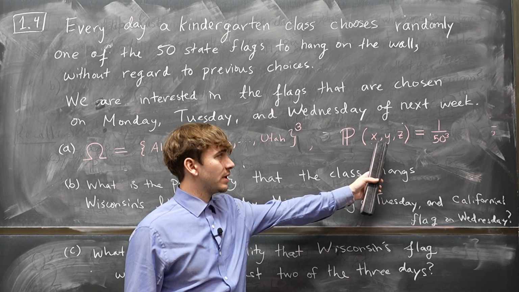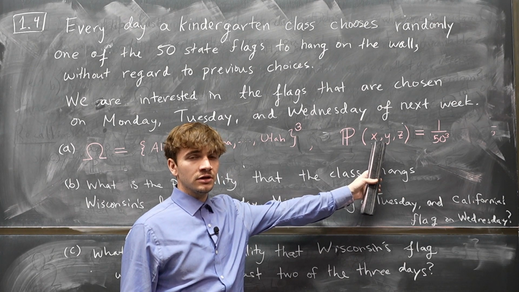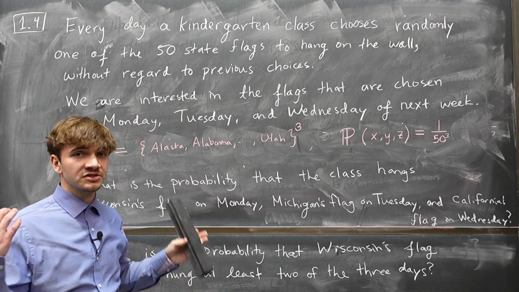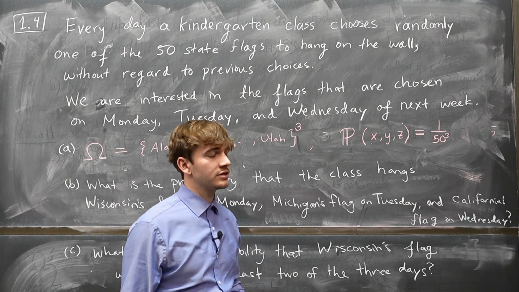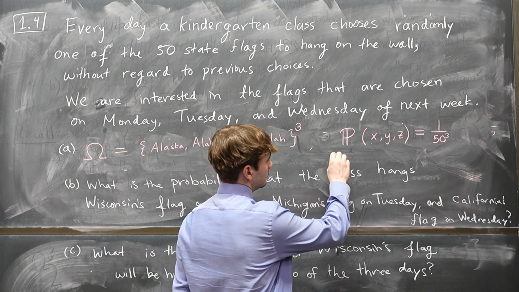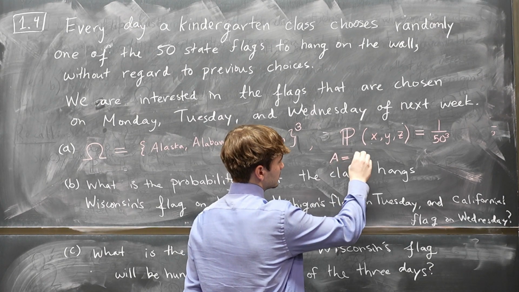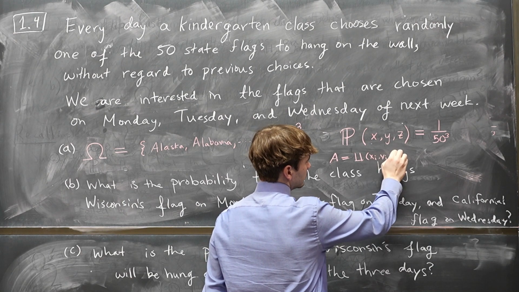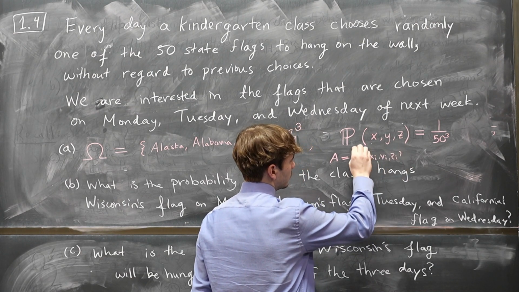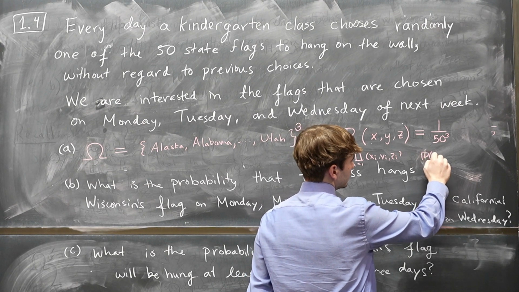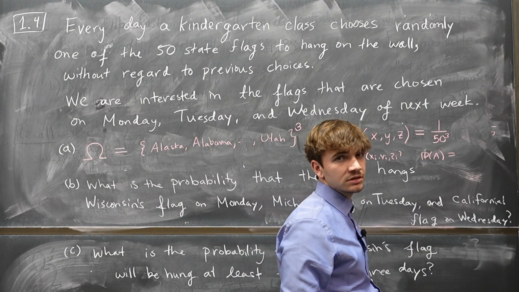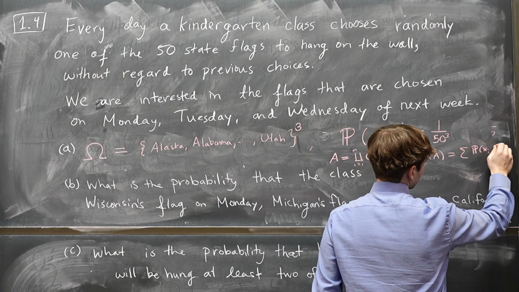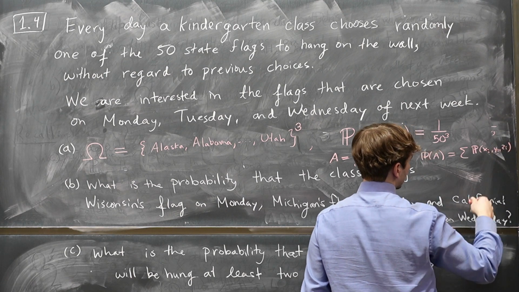By assigning a probability to each of these elements, we automatically ensure that the probability of any subset of the set is simply the sum of the probability of all the elements. Okay, so in math notation, if A is, let's say, some union of elements (xi, yi, zi), where i goes from 1 to n, then the probability that A occurs is simply given by the sum of the probabilities of each of these (xi, yi, zi) occurring.